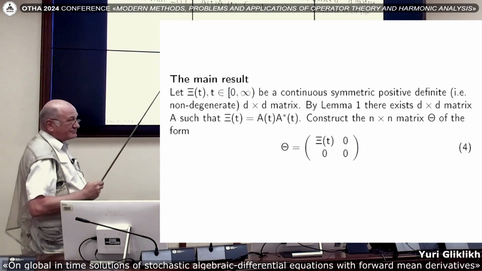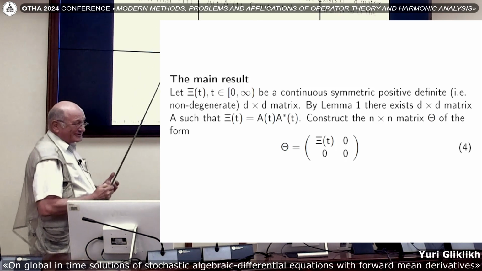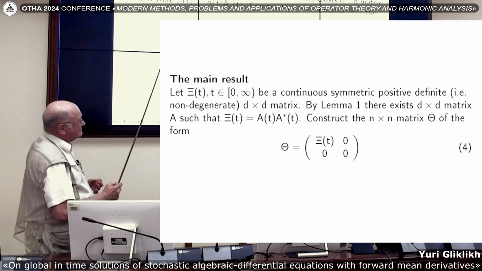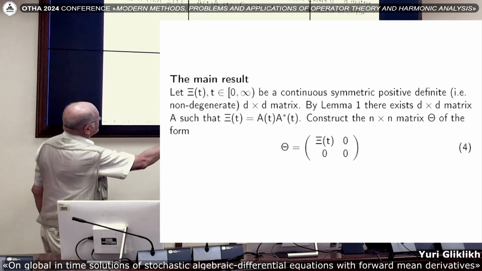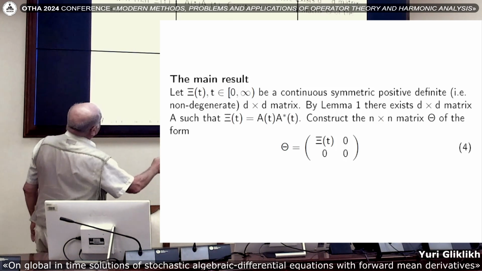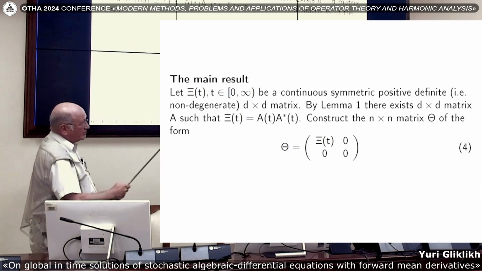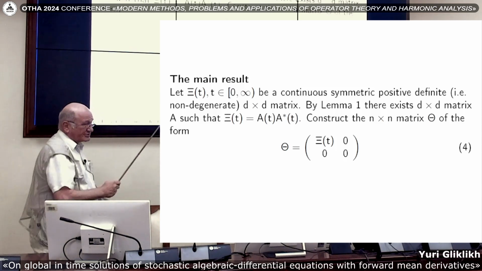It can be called the square root of Xi. Now construct an n by n matrix theta in this form: our Xi and zeros around.